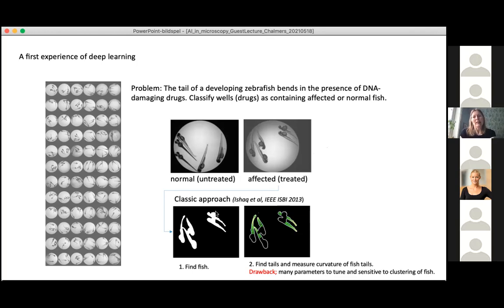Then we used the classical approach of first finding the well, then finding the fish in the well, then finding the tails of the fish, and then measuring the curvature. That would be the classical approach with quite a lot of parameters to tune. But we got a good result. But then Omer, my student, wanted to apply deep learning.